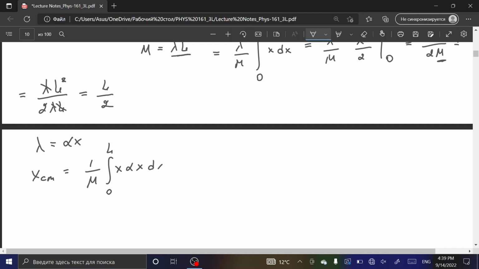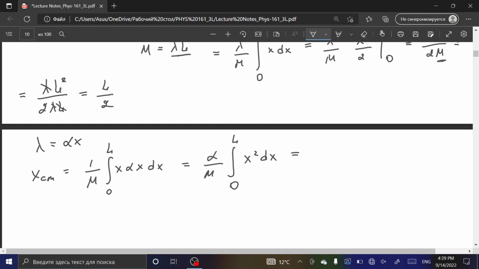And here is dx. So alpha is a constant, so we can take it out from the integral. We have alpha over capital M. Here we have integral from 0 to L, and this is x squared times dx.